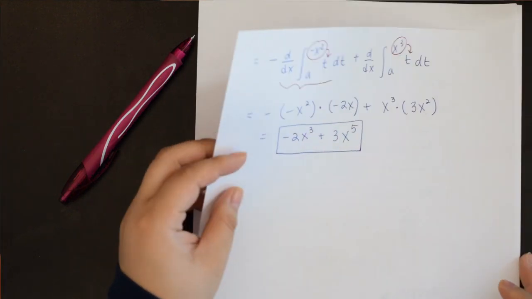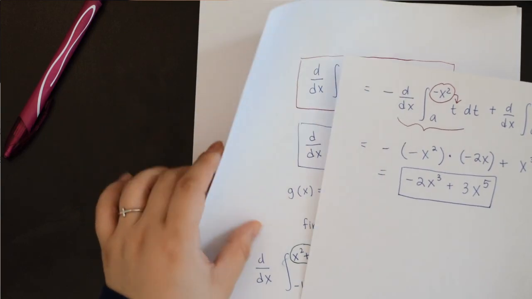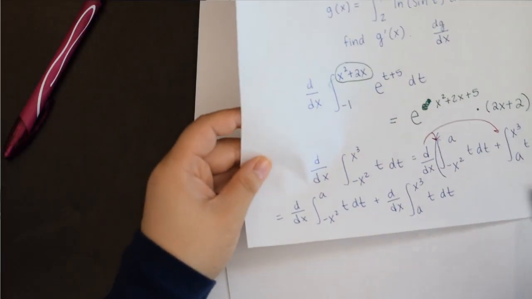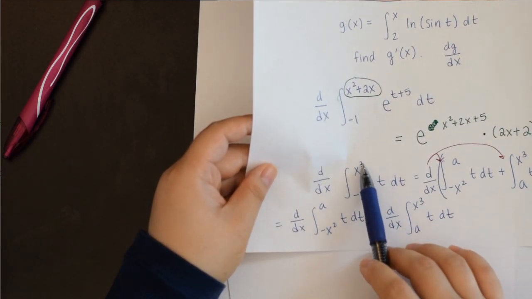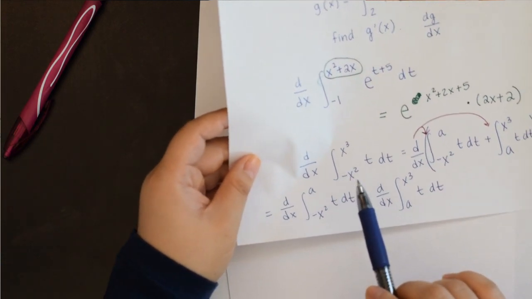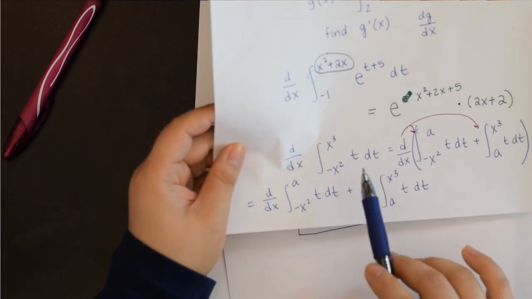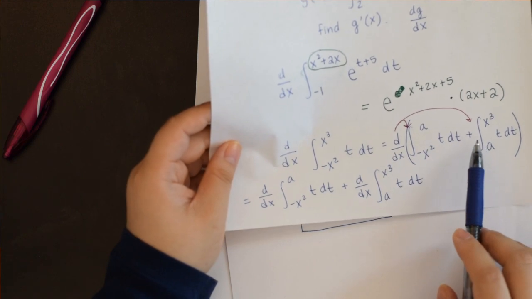And you might go, what? Like, why did we have to do all those extra steps? Well, I wanted to show you that if you have a function of x on the bottom and a function of x on the top for your bounds for the integral, you can still actually apply our fundamental theorem, but you have to do this sort of intermediate step.